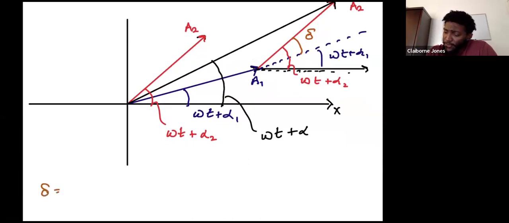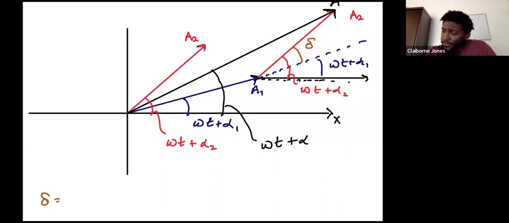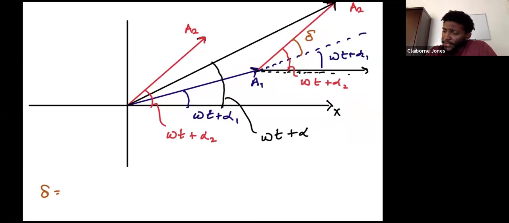Delta would equal, well, we know that this angle is omega t plus alpha 2, right? So it's going to be omega t plus alpha 2, and that's going to be minus this angle, this omega t plus alpha 1.